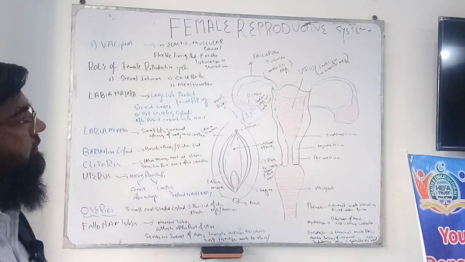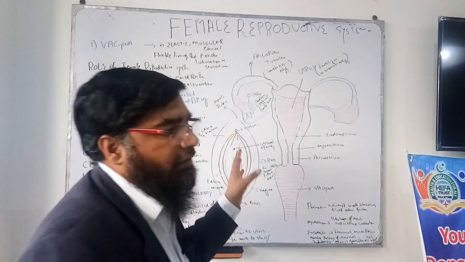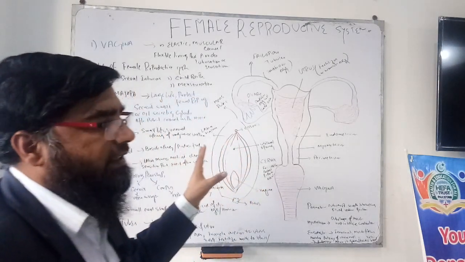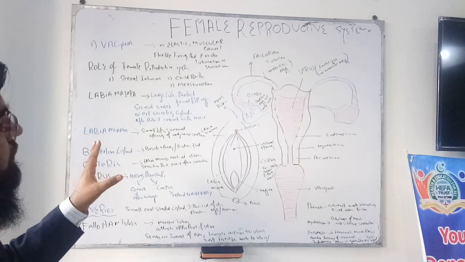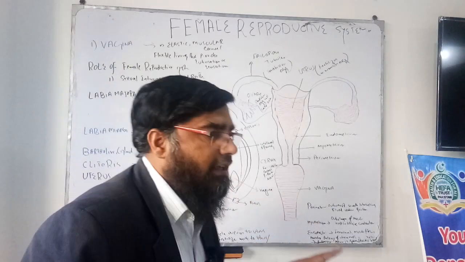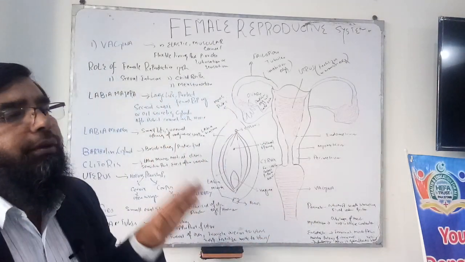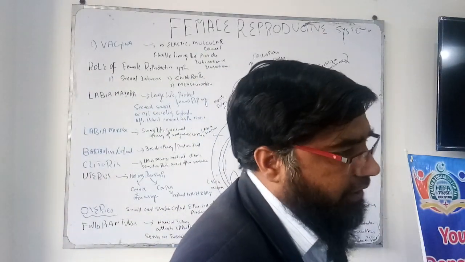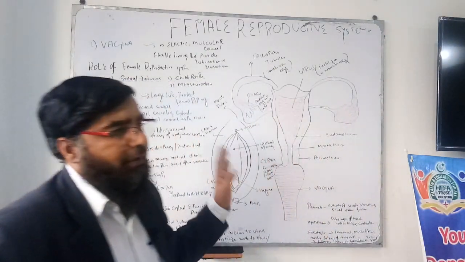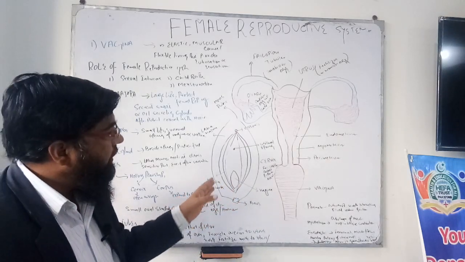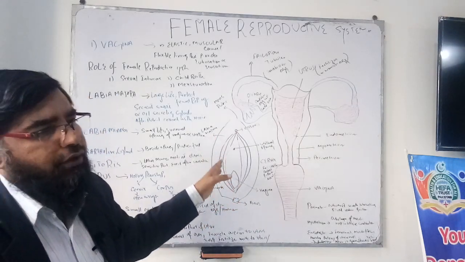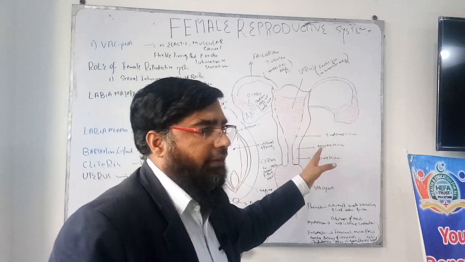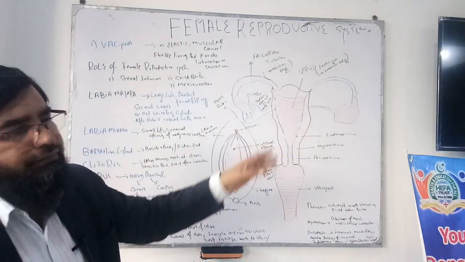Again, I will discuss a few important points here. Today we are discussing the female reproductive organs, their parts and functions. In the diagrammatic view, you will see the outer view and inner view.